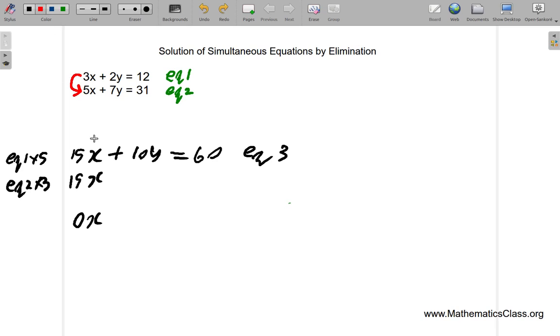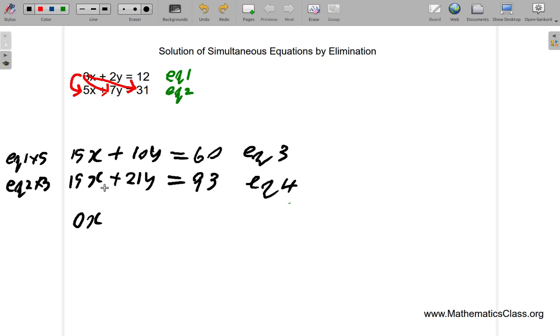Okay, let's go back to what we're doing now. 3 by 5 gives you 15, because we will have these 15 x's where we want them. Then 3 times 7 would give you 21y equals, then 3 by 31, that's 3 3s 9, 3 1s 3. Alright, so 93. Let's call this equation 4.